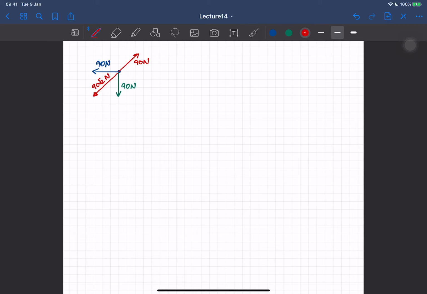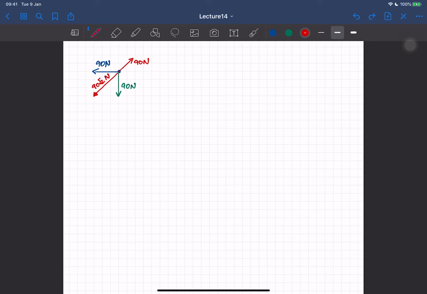It should be clear because it's just a right triangle, so it's the usual Pythagorean theorem. 90, 90, you get 90 square root of 2. Actually, this one I should draw a little bit shorter because it's 90. Then I add this one and this one together, and this one is longer than that one.